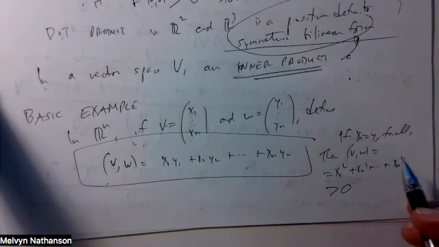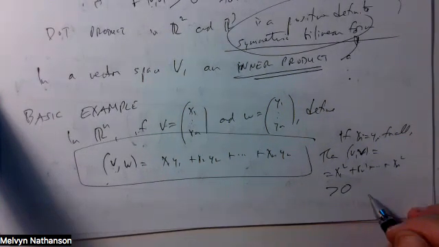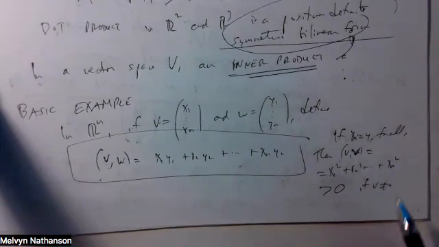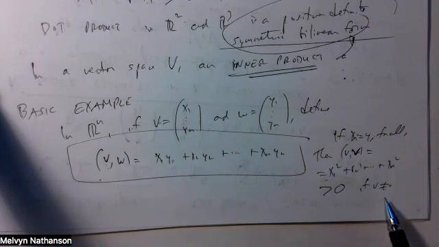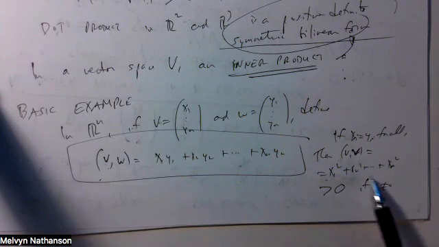And it's greater than 0 if at least one of these coordinates is non-zero. Positive or negative doesn't matter. So, sorry, f of V comma V is greater than 0 if V is not the 0 vector. The 0 vector has all coordinates 0. If V is not the 0 vector, then at least one of these coordinates is non-zero, so its square is strictly greater than 0, and the sum is positive.